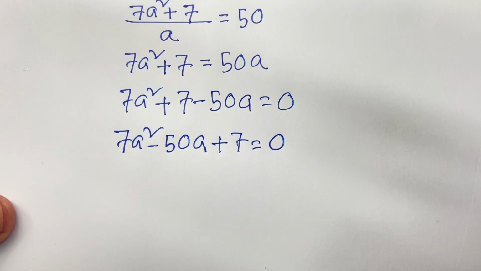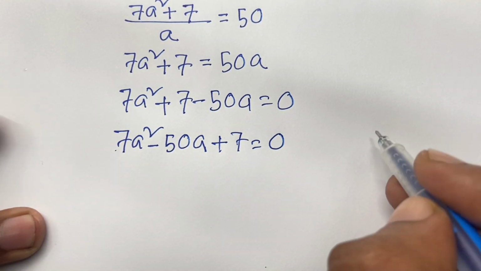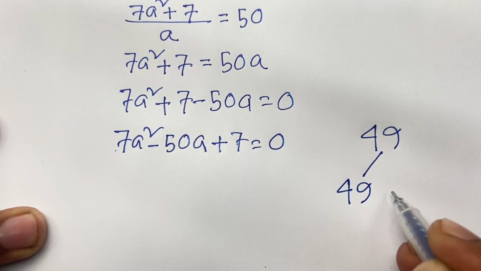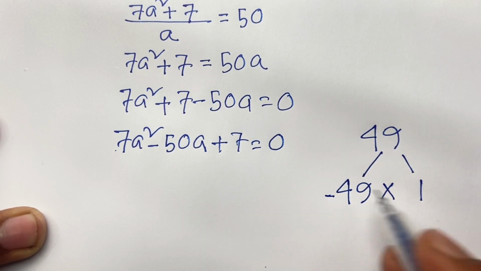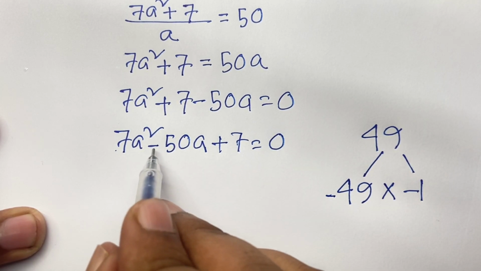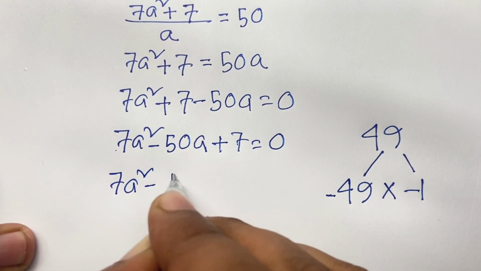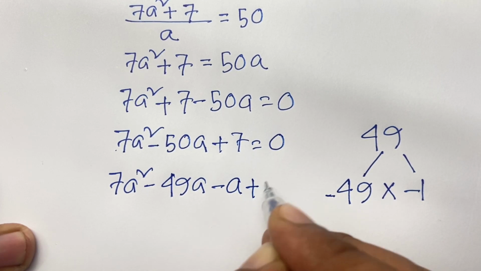Now if I factorize, 7 times 7 equals 49, and 49 times 1 equals 49, and the middle term is minus. So 7a squared minus 49a minus a plus 7 equals 0.